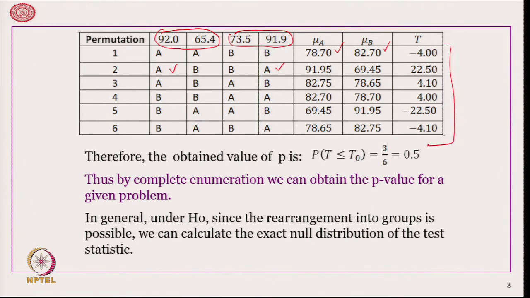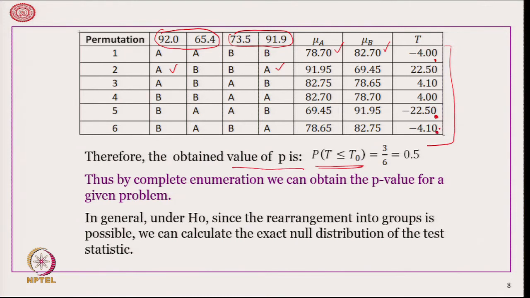What is the advantage? This gives us the probability of getting one particular value of T. Therefore, the obtained value of P is probability T is less than or equal to T naught. Our T naught has come out to be minus 4. Therefore, how many of them are less than or equal to minus 4? 1, 2 and 3.